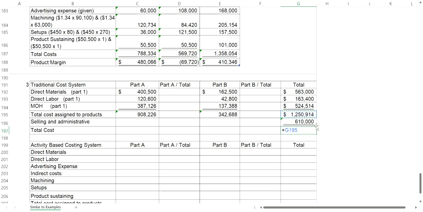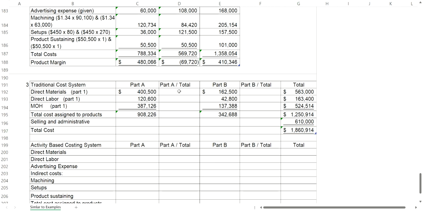Add that in because that's additional expense. And when I add the total cost assigned of $1,250,914 plus $610,000 in selling and administrative, I get total cost of $1,860,914.